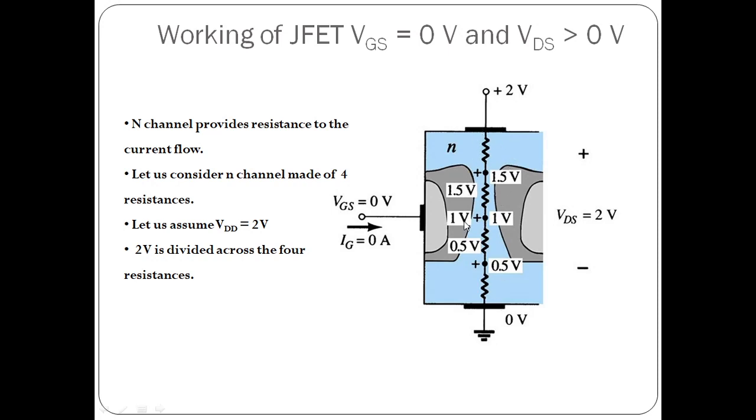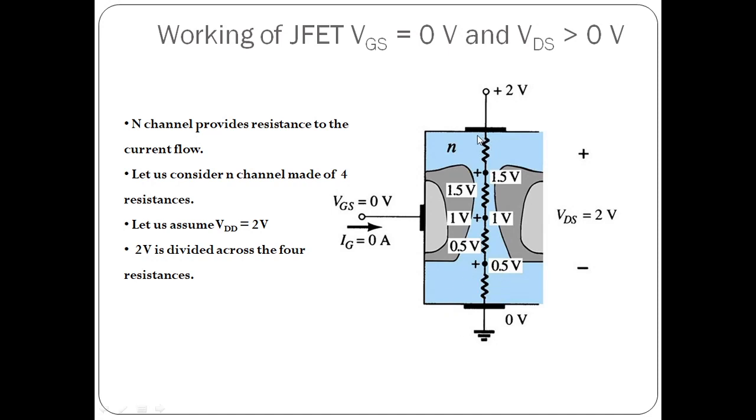These represent the combined resistance of an N channel to the current flow. Now let's say the drain terminal is connected to a potential of 2 volt. So across this N channel there is a total potential difference of plus 2 volt. This 2 volt is divided equally across all these 4 resistances.